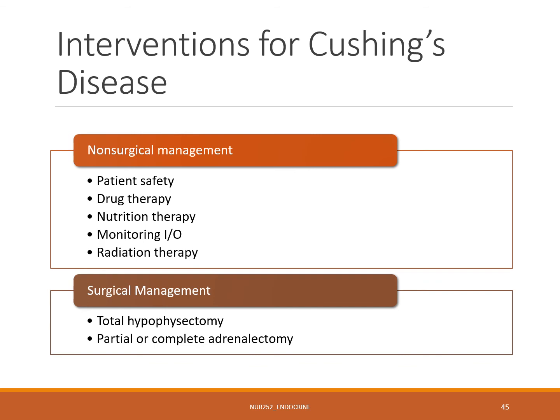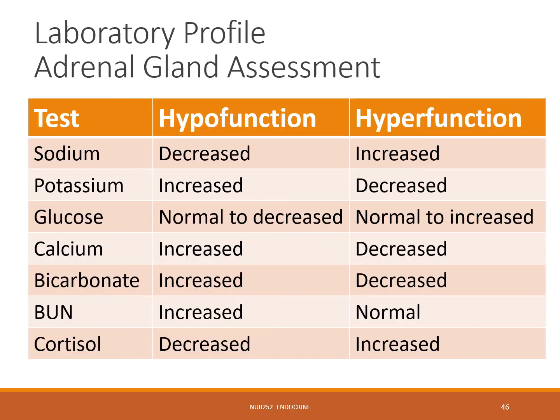Surgical management includes removal of the pituitary gland by transfrontal craniotomy approach, or a partial or complete adrenalectomy, which is the removal of the adrenal tumor from the adrenal gland. Here is the lab profile for adrenal gland assessment. Again, make sure you know your labs.